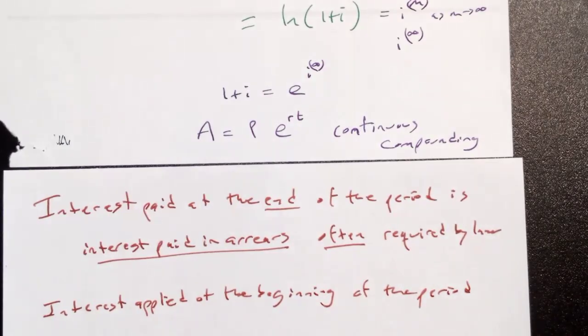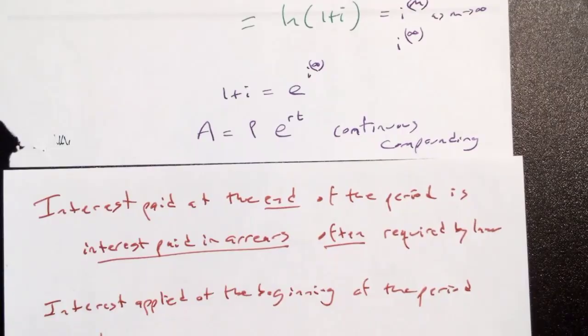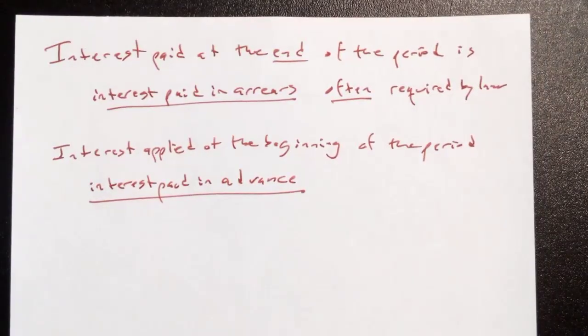Well, then this is interest paid in advance or interest payable in advance. But if I'm paying you interest so that you loan me money, and the interest, well, wait a minute, I'm paying you interest.